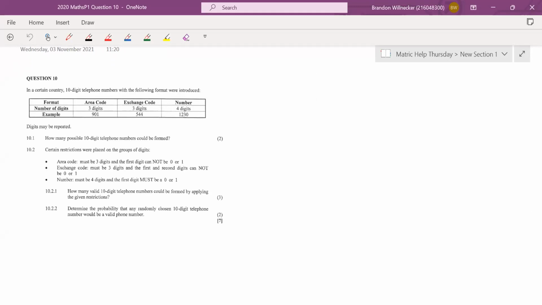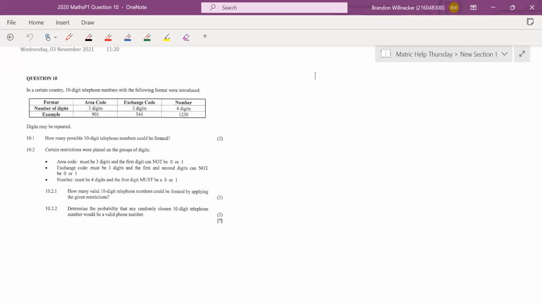We have 3 digits for the area code, 3 digits for exchange code, and 4 digits, that's just the number. Okay, so we see the first 3 out of the 10 is an area code, the next 3 is an exchange code, and then the next 4 is the number. Okay, if we add all of this up, we get back to the 10-digit telephone number.